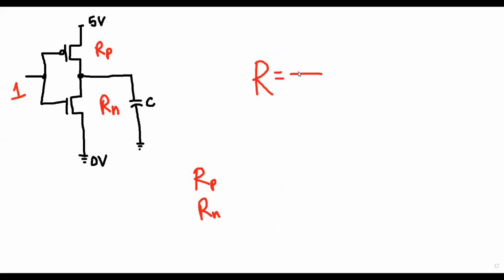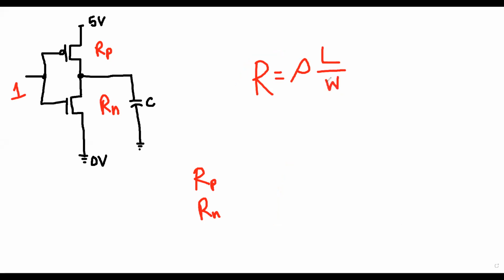Anyone? The resistance was given by what? It was rho L by A. Understood? For area, this time we will use W, because it is not a circular cross-section.